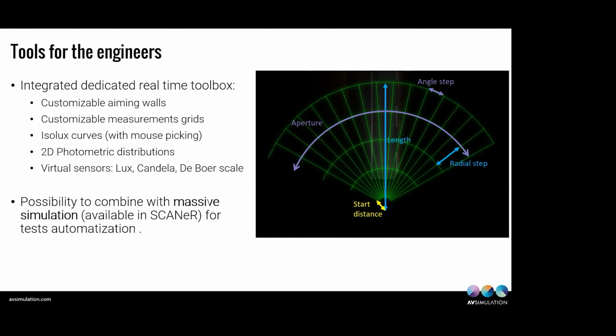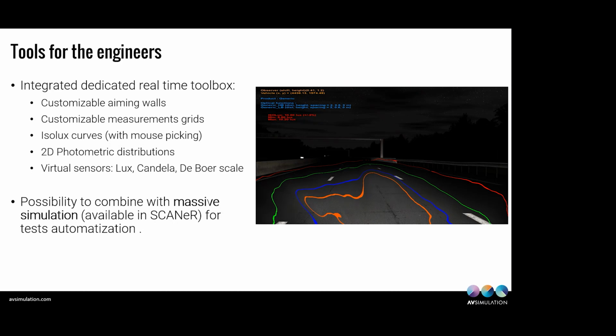We also have customizable measurement grids in order for you to address, once again, how your product is designed and where it, I would say, shines. We're able also to display in real time the Isolux curves with mouse picking, so you're able to pick any point on the screen, and you would be able to see how much light is emitted there, the intensity of it.